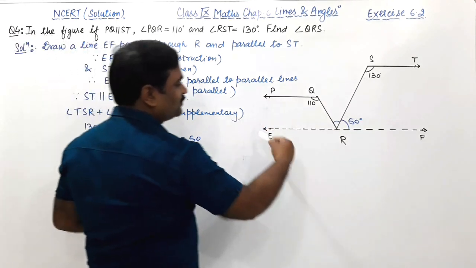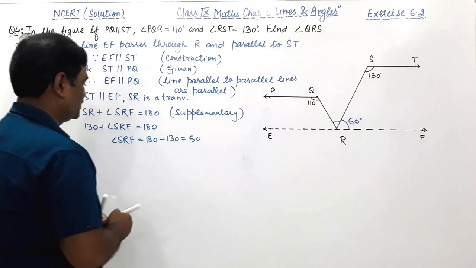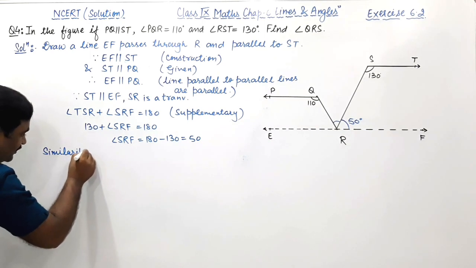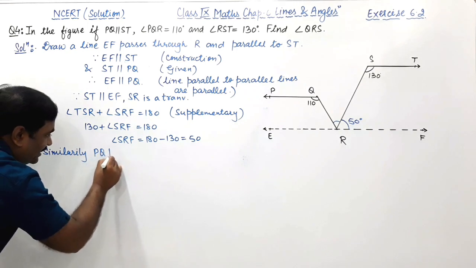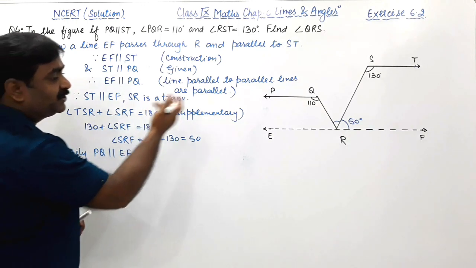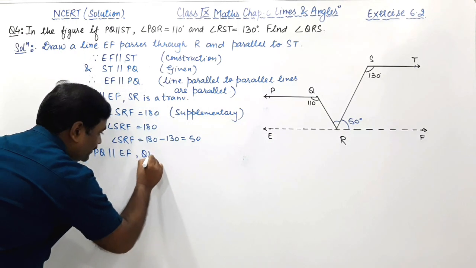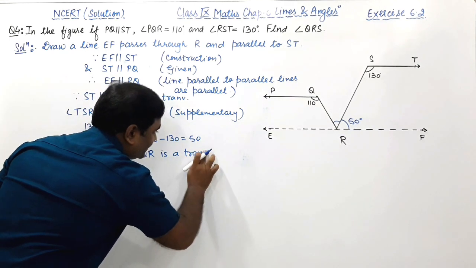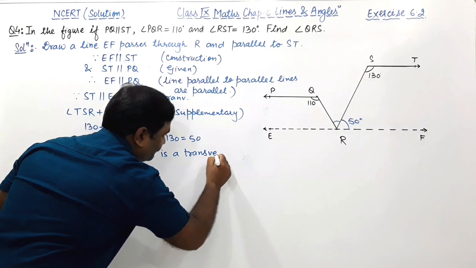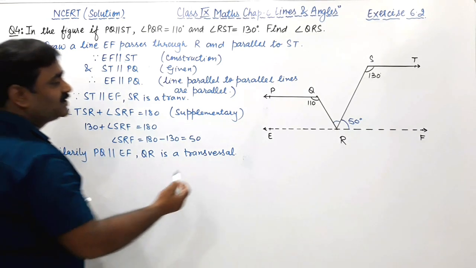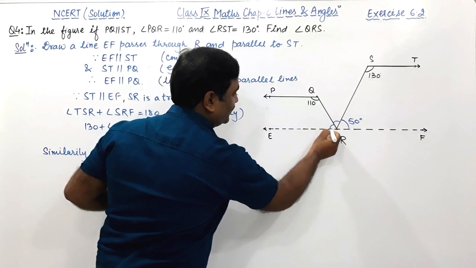Similarly, PQ is parallel to EF, then QR is a transversal. As QR is a transversal, once again the sum of these two angles will be 180.